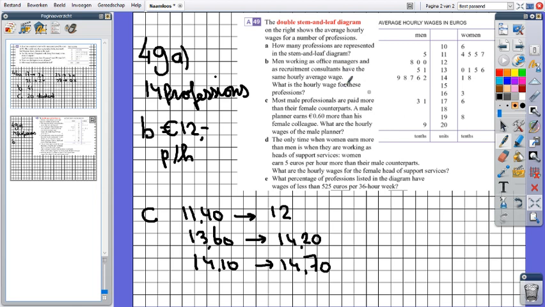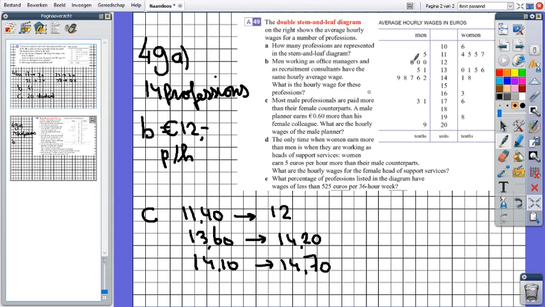Let's take a look. At exercise B, you saw that a male office manager and a male recruitment consultant have the same hourly average wage. So they are both already accounted for. Those are the €12. So the planner cannot also earn €12, right?